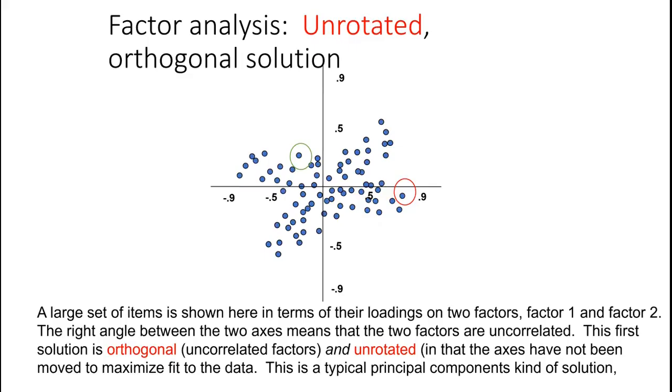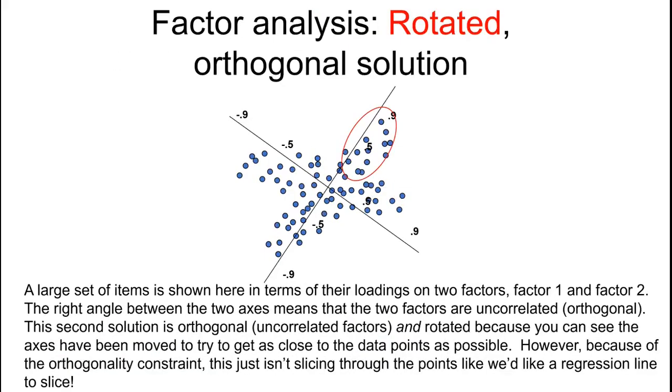So when we rotate, we're not moving the dots. The dots stay where they are, because with respect to each other, we can't alter the underlying structure of the data. Instead, what we're going to do is rotate the XY axis, right? We're going to rotate the factor axes around those points until we get a better fit.